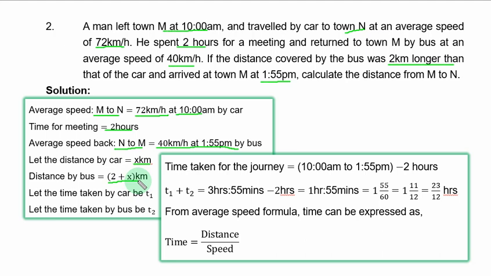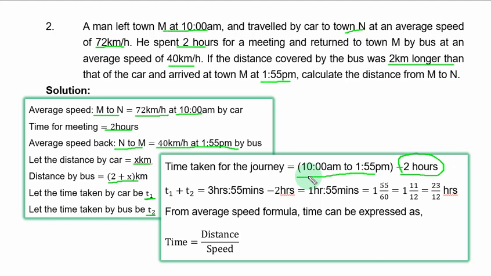The time taken by car, let that time be t sub 1, and the time by bus be t sub 2. So the time for the whole journey is 10 a.m. to 1:55 p.m. minus the 2 hours spent in that meeting.